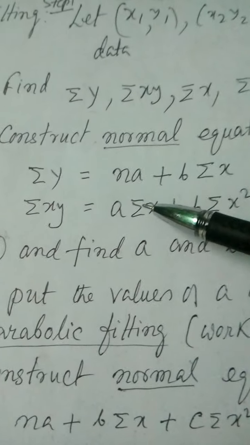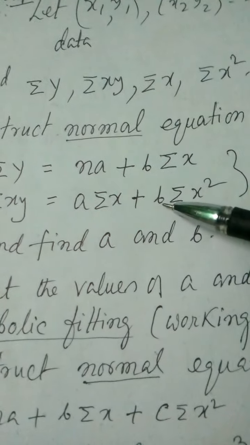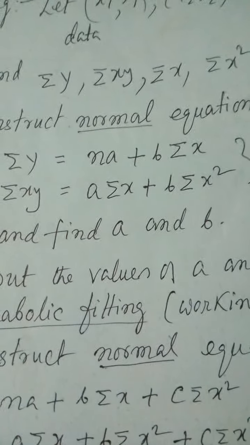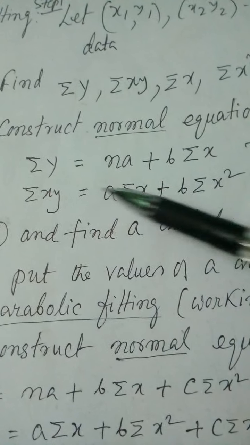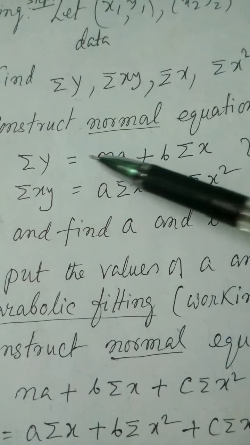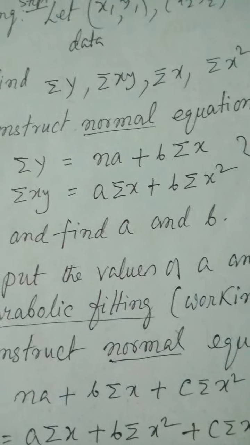So summation of xy will be equal to a summation of x plus b summation of x square, and these two are the equations. This is equation number 1 and equation number 2. There are two unknowns, a and b, and there are two equations. We can find out a and b.